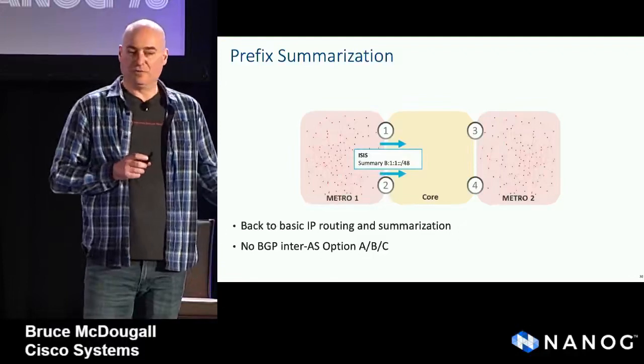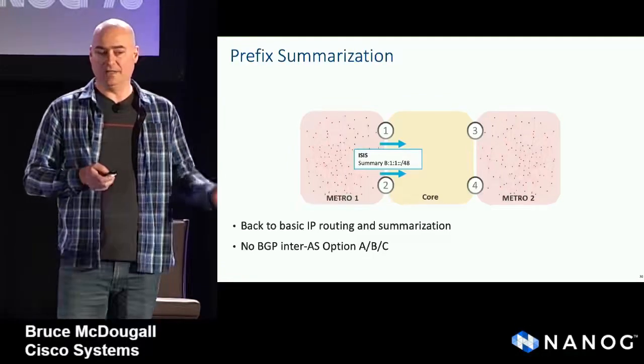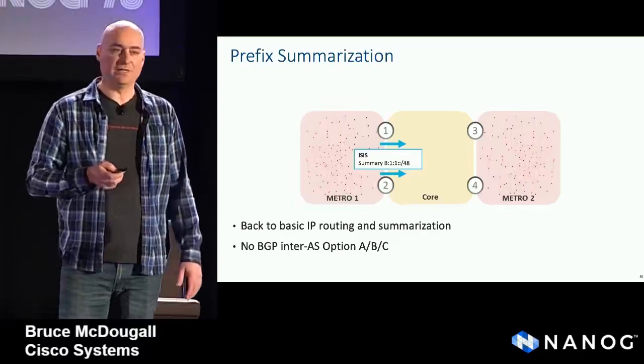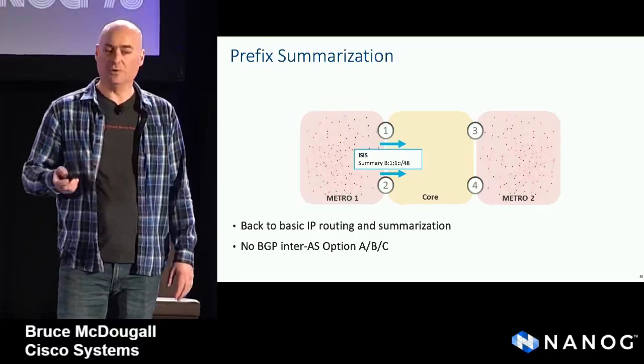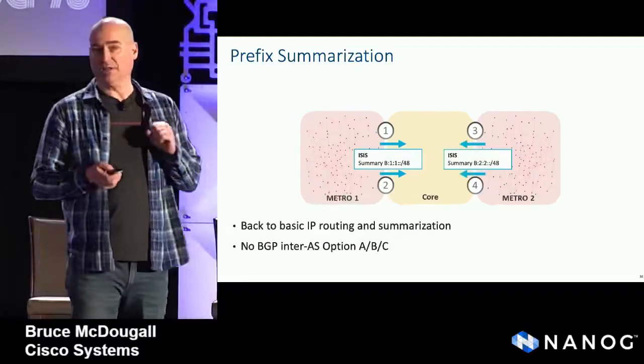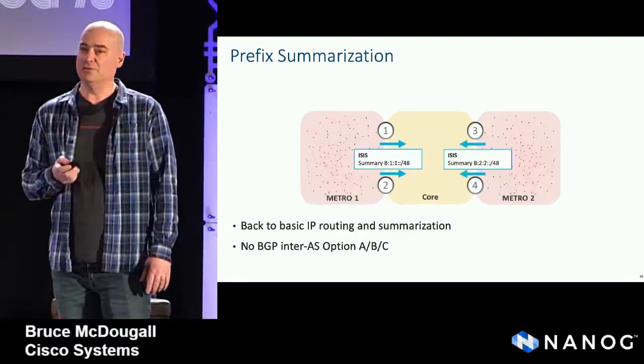Let's say we've got a metro with hundreds or even thousands of SRv6 nodes on one side, and we can summarize all of those nodes with a single /48 advertisement that we push into the core. Again, a remote metro, same thing, hundreds or thousands of nodes summarized as a single entry into the core.